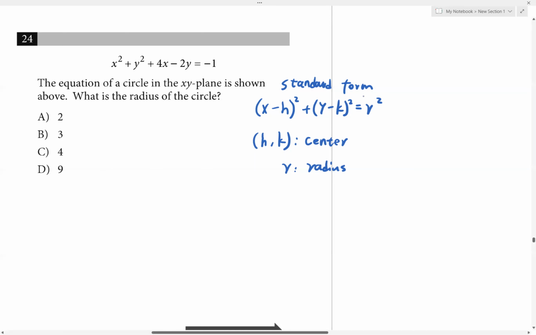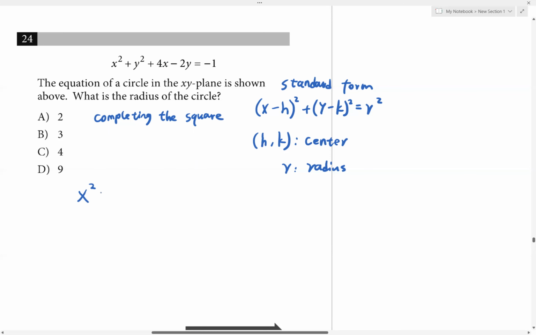There is a very specific method that we have to use. It's called completing the square. When we try to convert the equation of a circle into the standard form, we always do completing the square. So how does it work? We begin with the equation, x squared plus y squared plus 4x minus 2y.